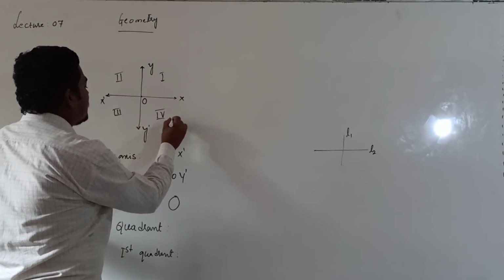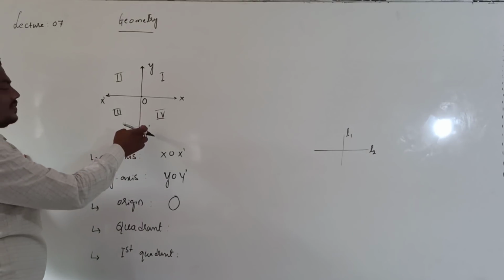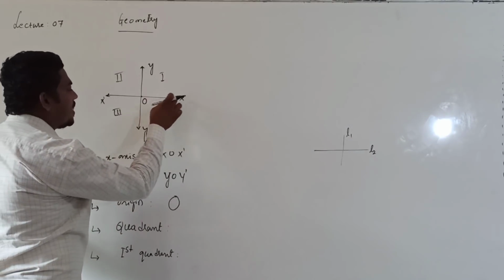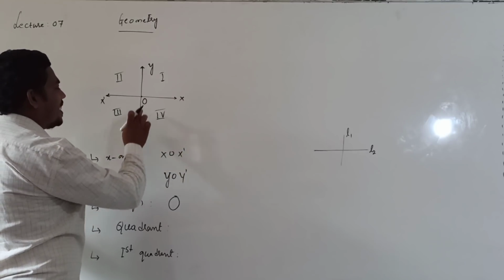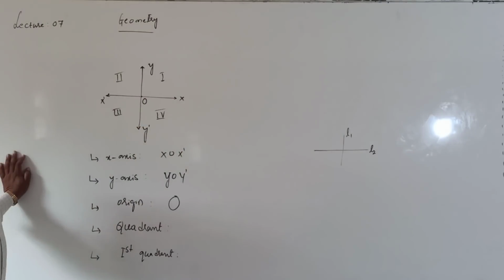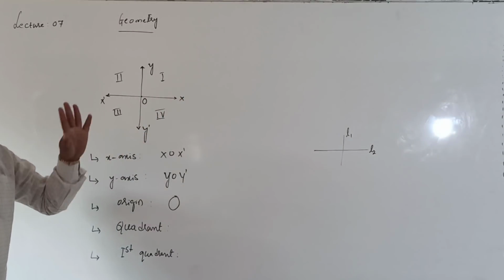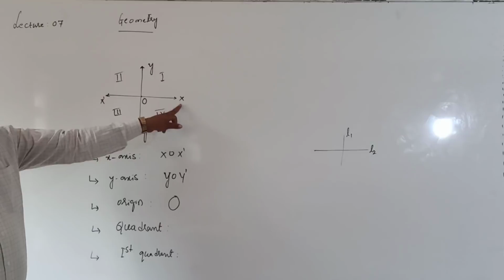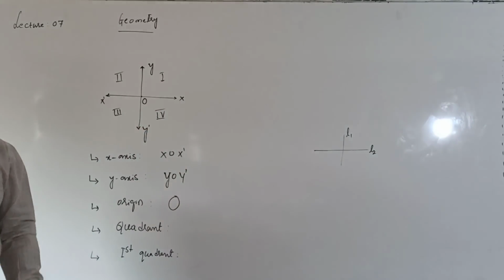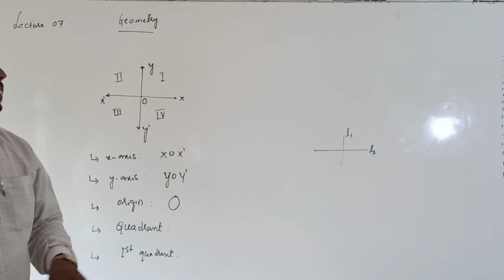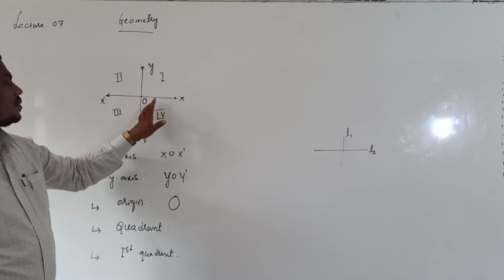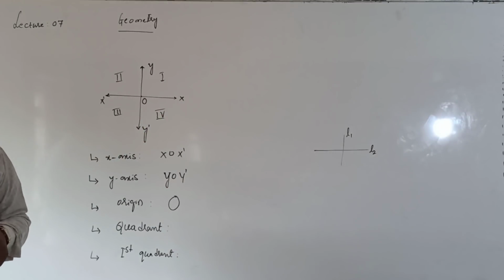What is its definition? The part of the plane y prime, o, x is called fourth quadrant, or in other words, x o y prime. The part of the plane x o y prime is called fourth quadrant.